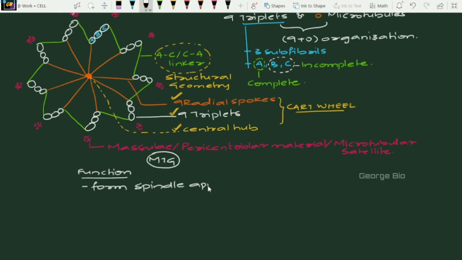Number 2, it helps in the formation of the basal body of cilia and flagella in the eukaryotic cells.